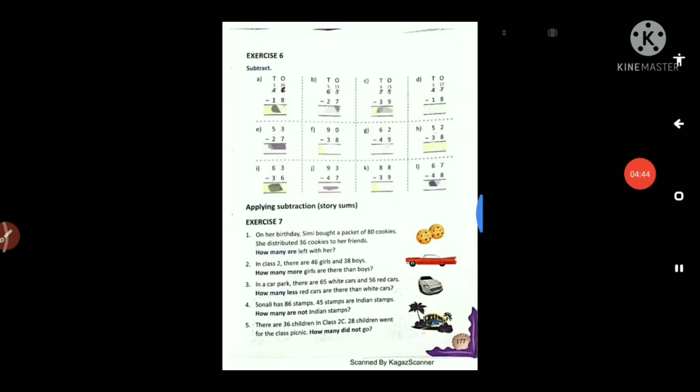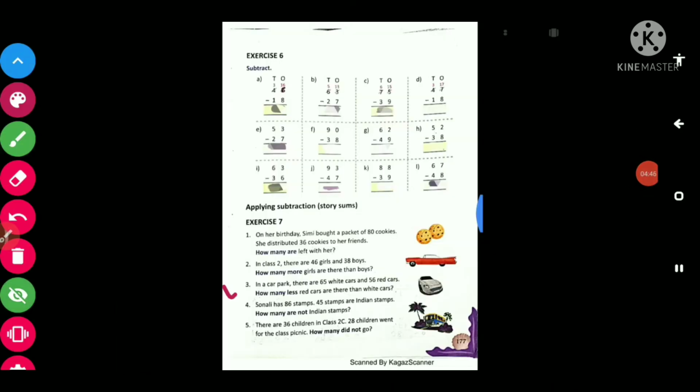Now see the third one. In a car park, there are 65 white cars and 56 red cars. How many fewer red cars are there than white cars? From the question we get to know that 65 white cars are there and 56 red cars are there.